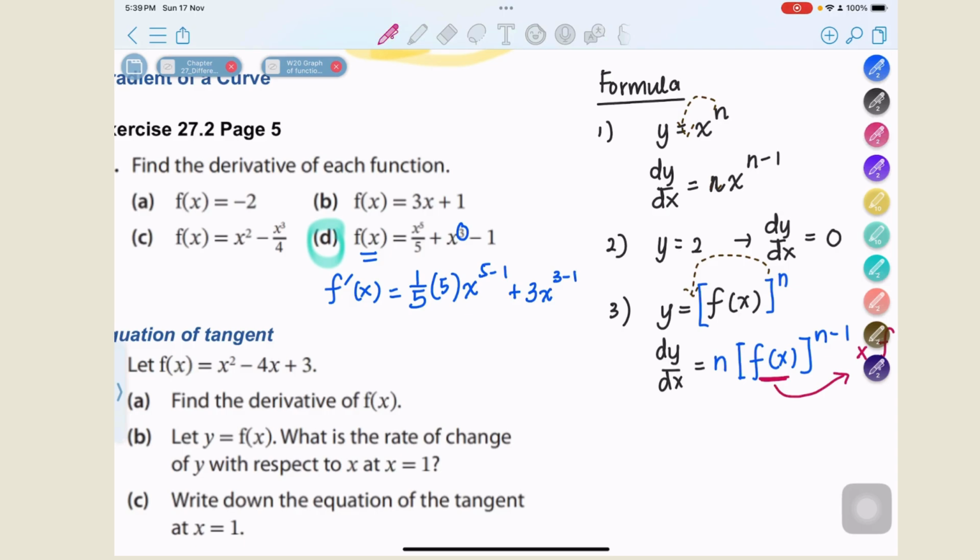And the constant remains constant. A constant we cannot differentiate because my function only differentiates with respect to x. After that, we simplify. First part, my 5 can be cancelled off, so I only leave x to the power of 4 plus 3x to the power of 2. This is how we do differentiation.